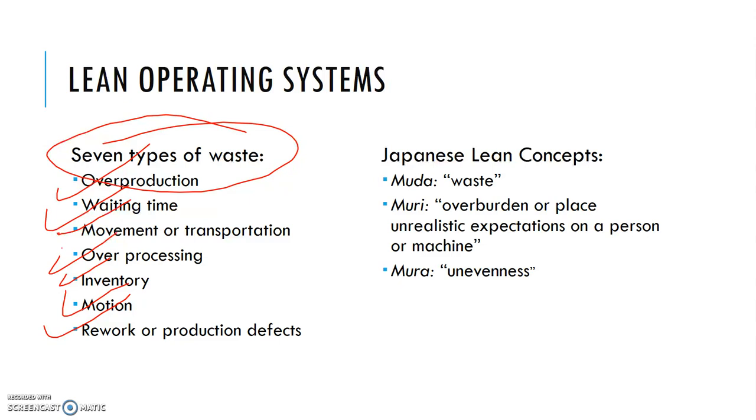These Japanese concepts or terms will be useful for us as well. Muda, and I'm not going to pronounce these correctly, but muda is just the Japanese term for waste. Muri is a term that we'll use for talking about overburdening or placing unrealistic expectations on a person or machine. And we'll also use this term mura, or unevenness.